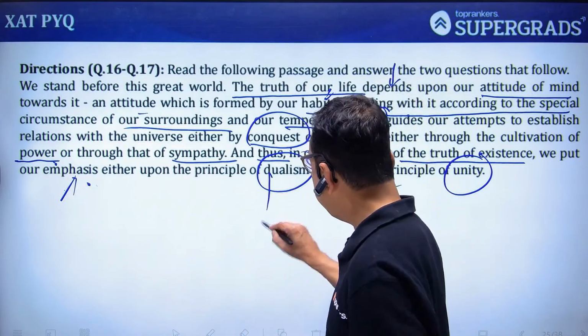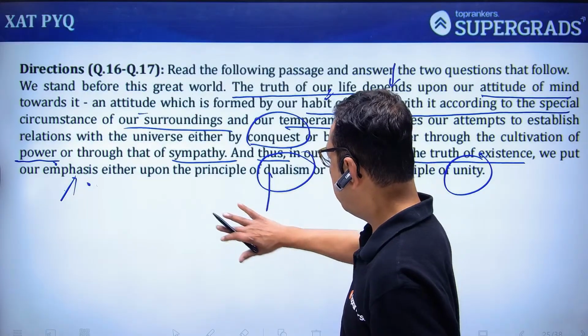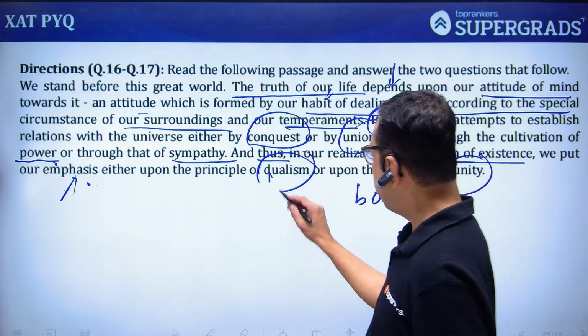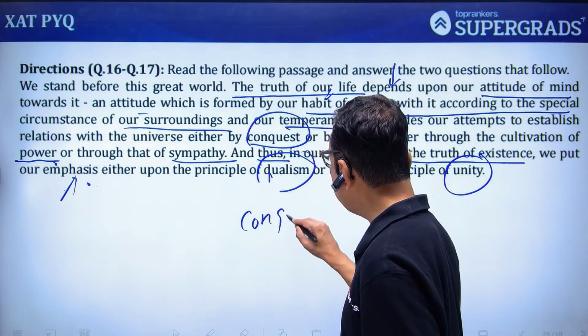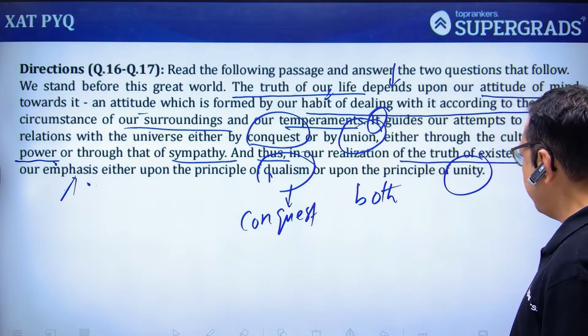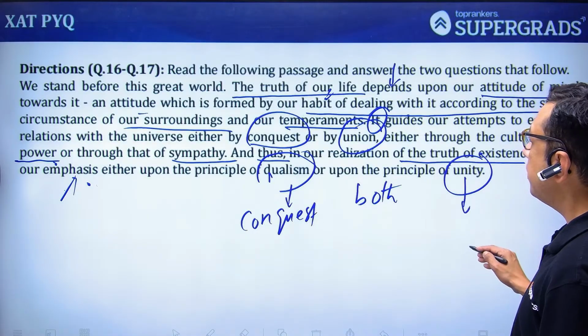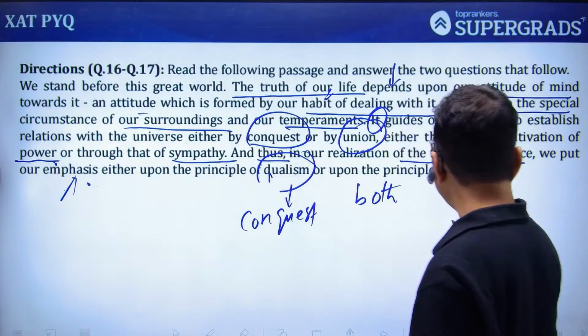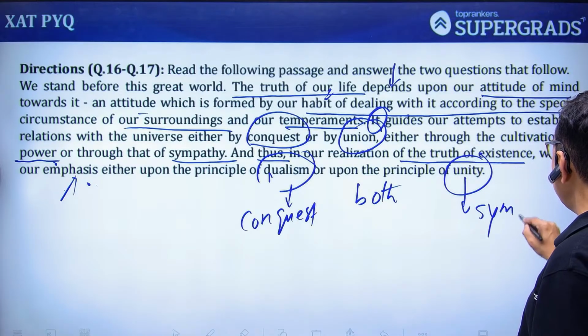So basically, dualism means power. Dualism means power, okay, and therefore dualism connects with conquest, and unity connects with sympathy, right?